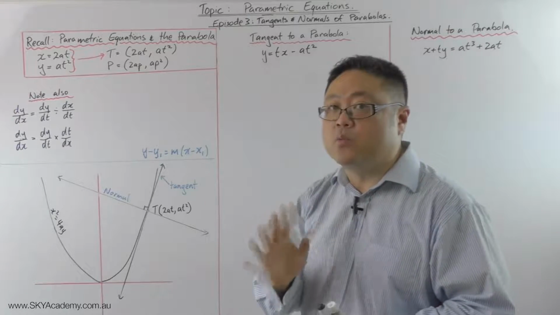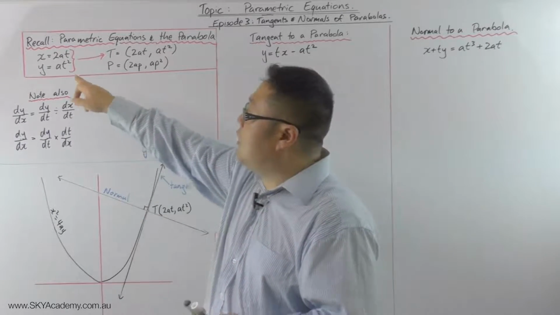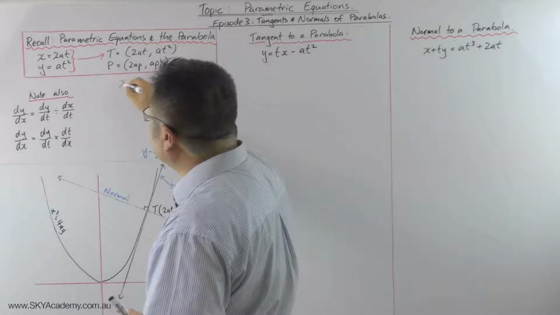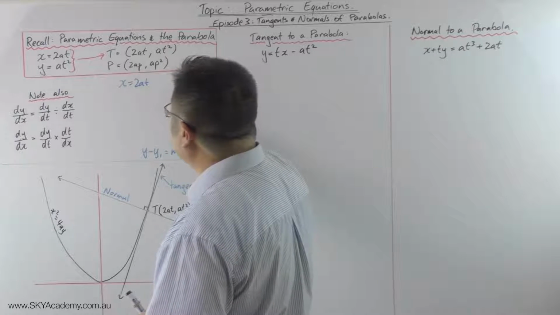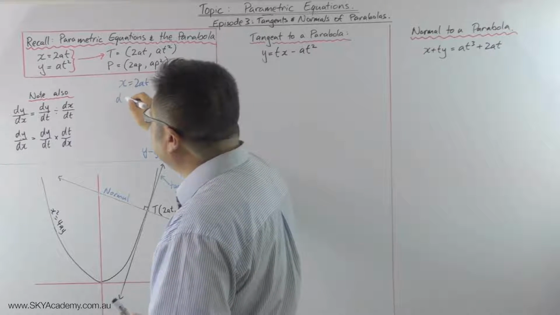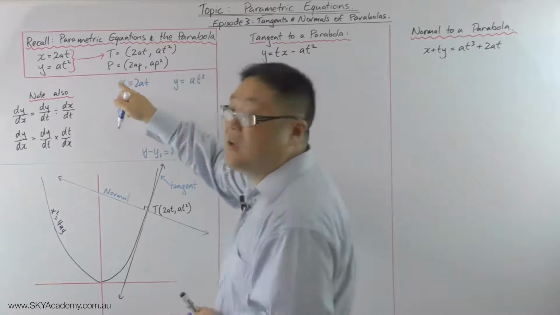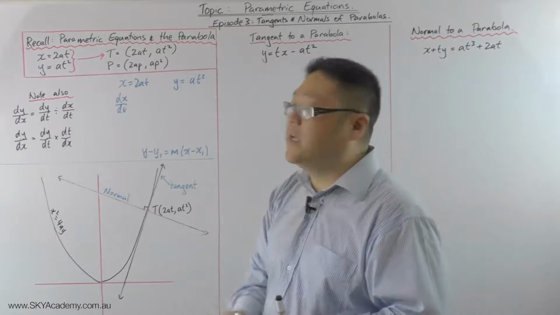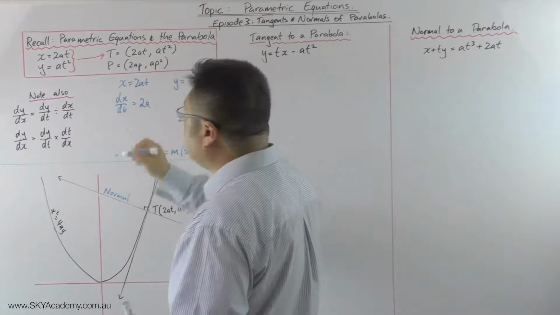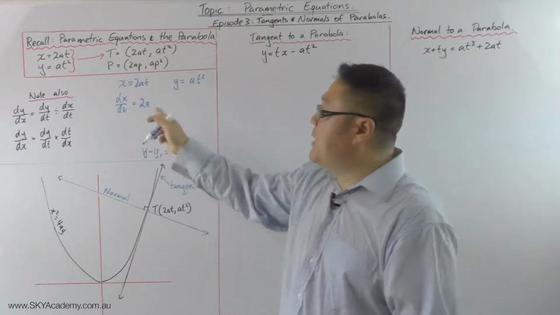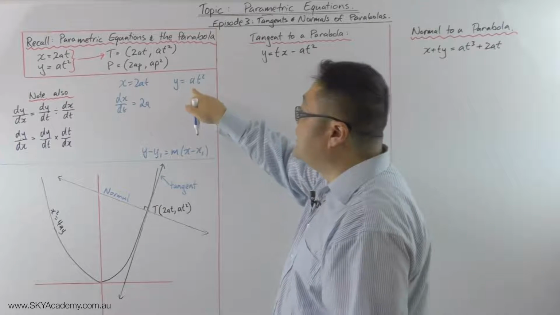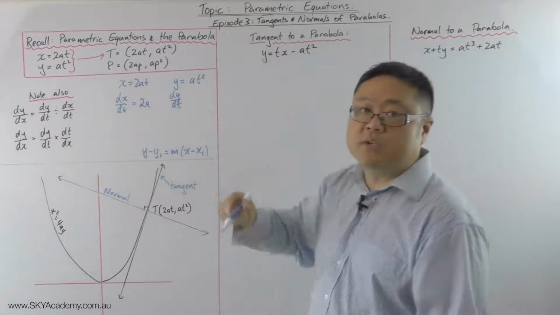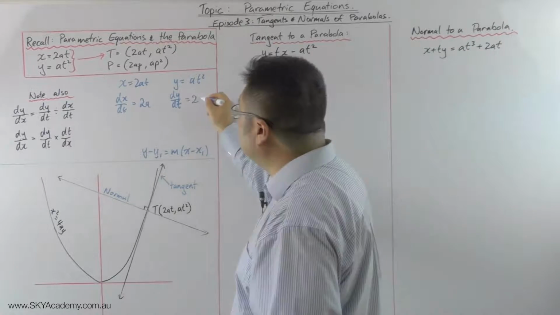Now let me show you how this works. We've got that x is equal to 2at and y is equal to at squared. dx/dt, the first derivative of x with respect to t, is going to be 2a, because the t disappears. dy/dt, the first derivative of y with respect to t, is going to be 2at.